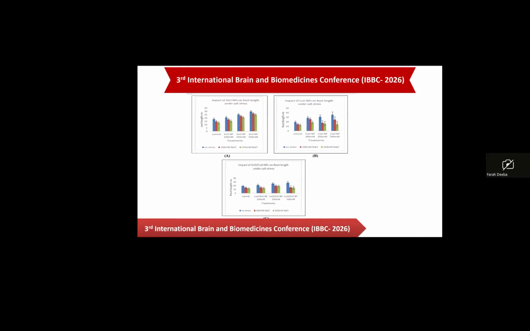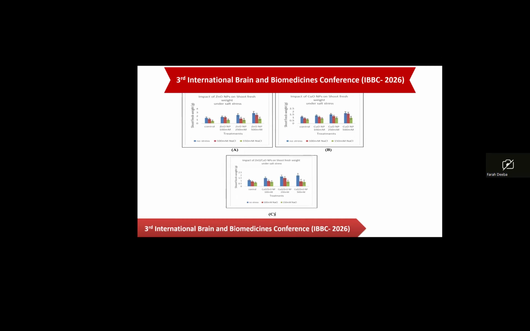The same results were obtained for the root length. An increase in the length of the root was observed at 500 millimolar stress condition when nanocomposites or the zinc oxide or copper oxide nanoparticles were sprayed.